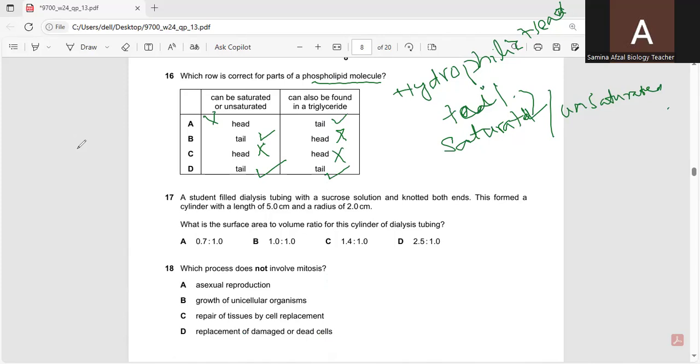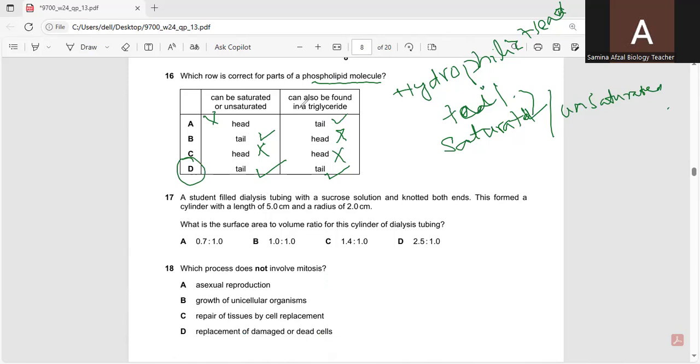So this is the correct option because the tails will be saturated or unsaturated. Saturated means there will be no double bond; unsaturated means there will be a double bond. So the tails are always found in triglycerides. So D is the correct option in this case.